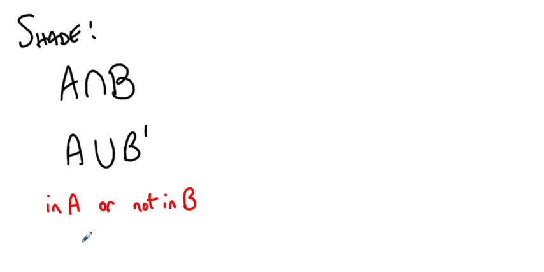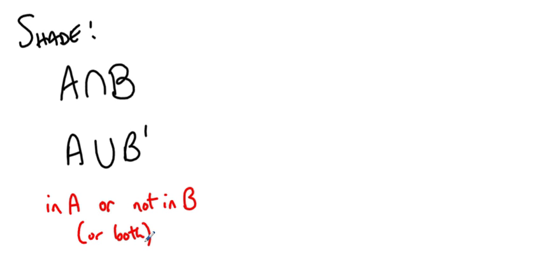So there are some things you should be able to shade on a Venn diagram. You should be able to shade A intersect B, if through no other means by rewinding this not too far. A union B complement. This would be all of the elements that are in A or not in B, or both.